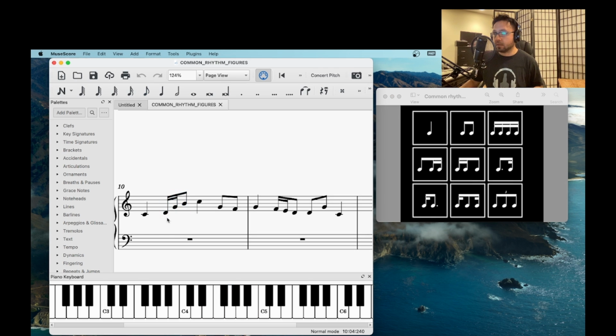That would be this one, the one in the middle. That would be ta ta ta. Then I have another quarter note, and then I have 2 8th notes on the 4th beat, which is the second square up here. So how does this sound rhythmically?